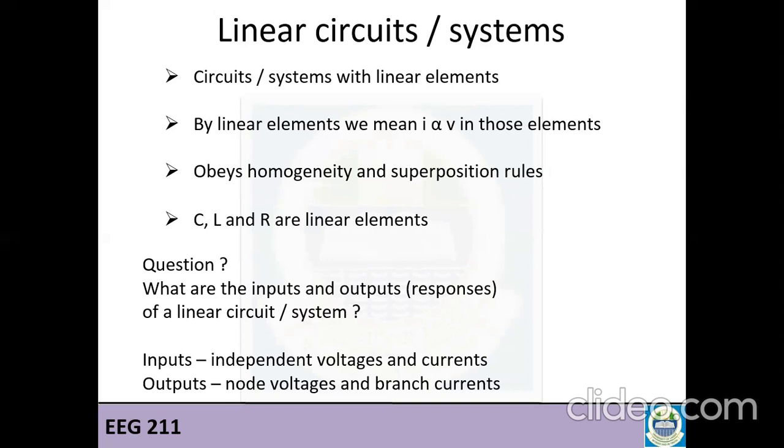They are the inputs, whereas the outputs are the node voltages and branch currents. When we talk about input and output in a linear system, we refer to the output as the branch and node voltage that we are interested to calculate, whereas the inputs are the independent voltages and currents. Please take note of this.